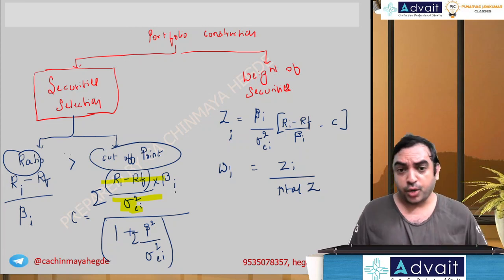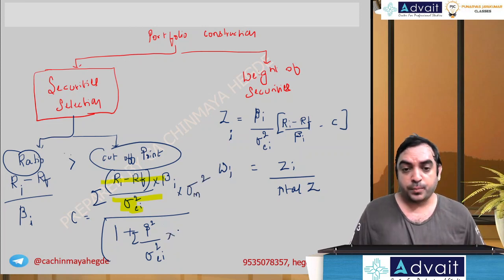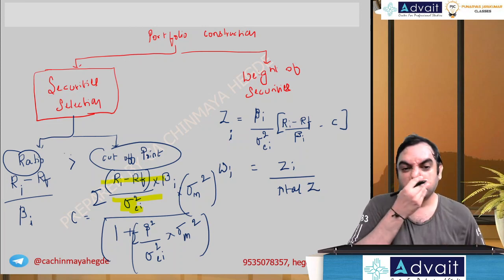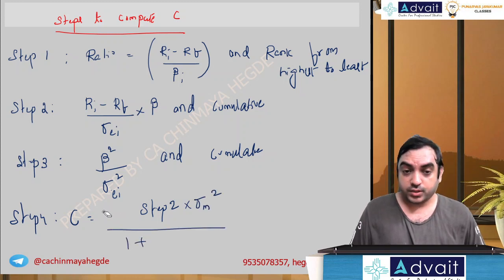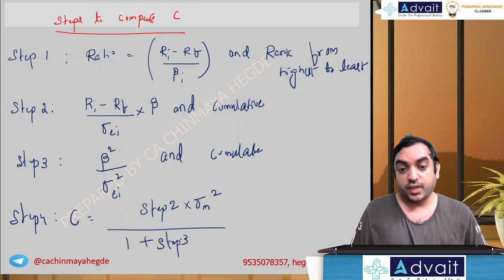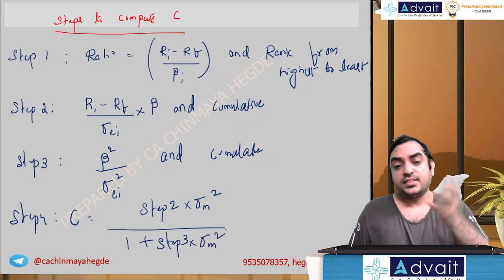In the cutoff point, this formula you calculated, you have to multiply it by market variance, sigma m square. So what will be the cutoff point? The numerator will be step 2 cumulative multiplied by market variance. The denominator will be 1 plus step 3 cumulative multiplied by market variance sigma m square.